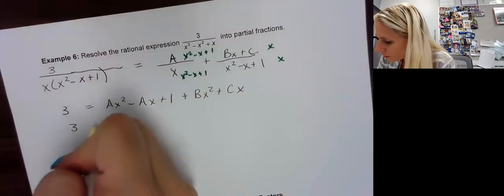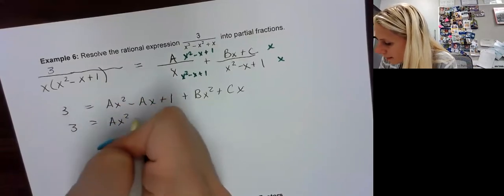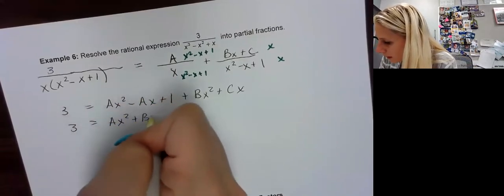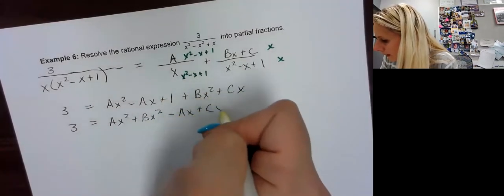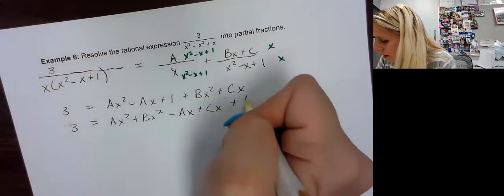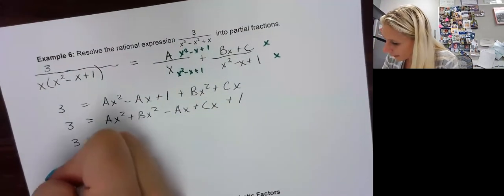Combine or put those like terms together. So ax squared plus bx squared minus ax plus cx plus a. Factor out.